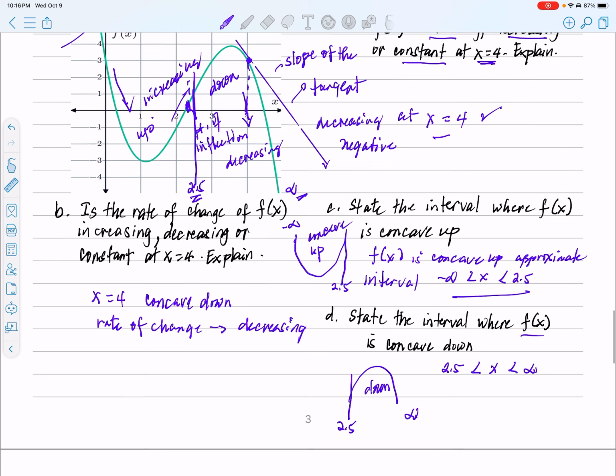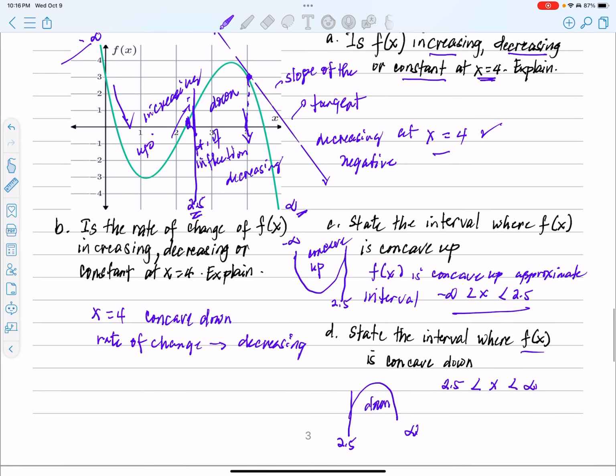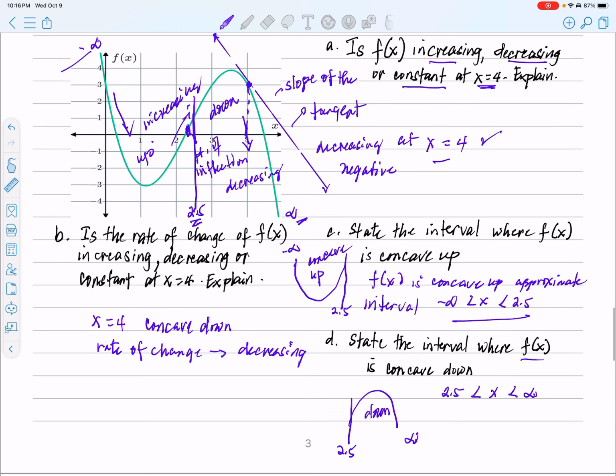We're going to go over the end behavior later. This concerns the end behavior of a function, positive, negative, and so on. When we reach this topic, you will understand more of what is going on in the end behavior.